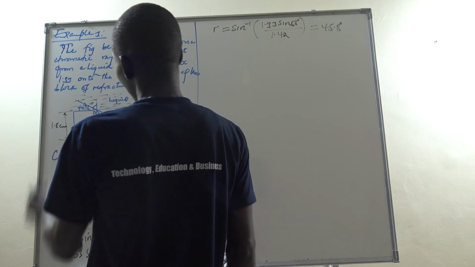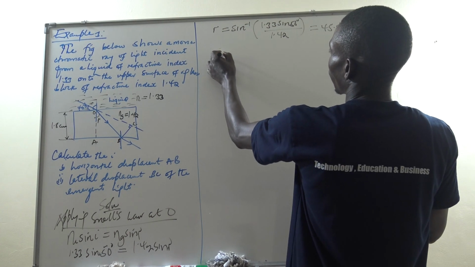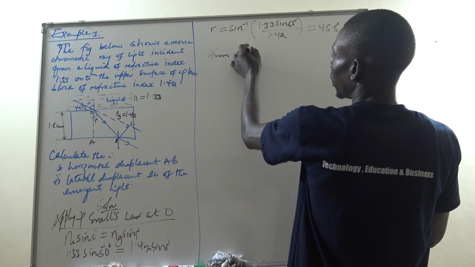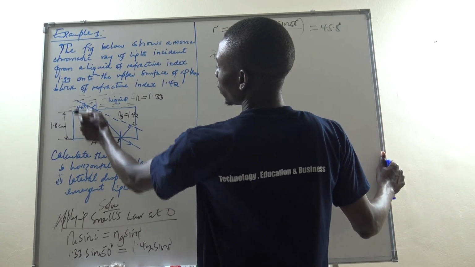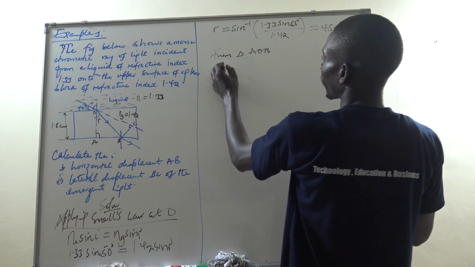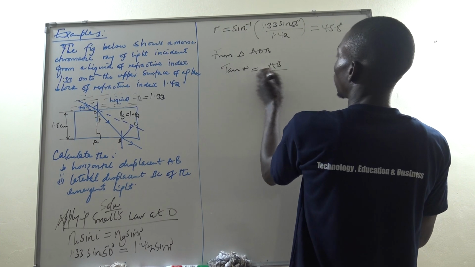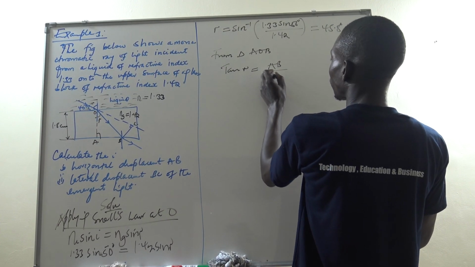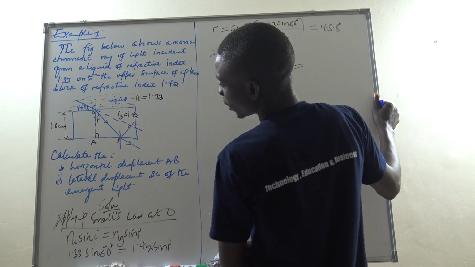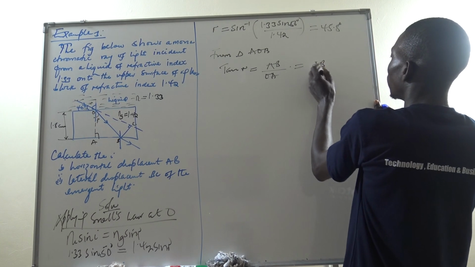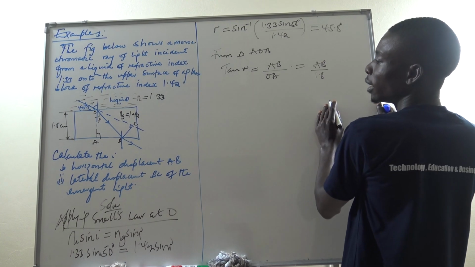So I want horizontal displacement AB. So I say from my triangle AOB, from this triangle here, I can now say tan R equals opposite over adjacent, and this will be equal to AB out of OA, which is 1.8.